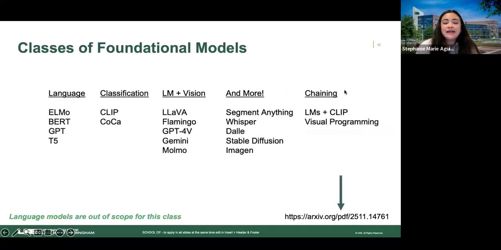And so there are different classes of foundation models. So you have language, such as ELMo, BERT, GPT. You have classification, so depending on a set of features from an image, you could try and figure out how different patterns, different features within an image will maybe be used for diagnostics.